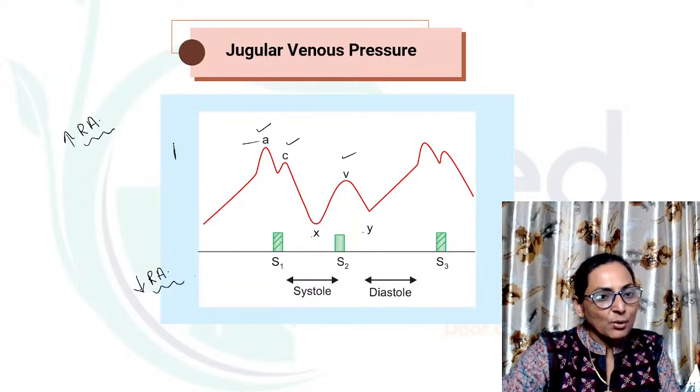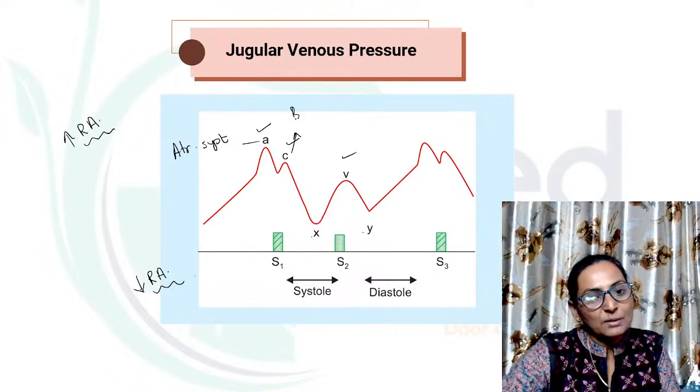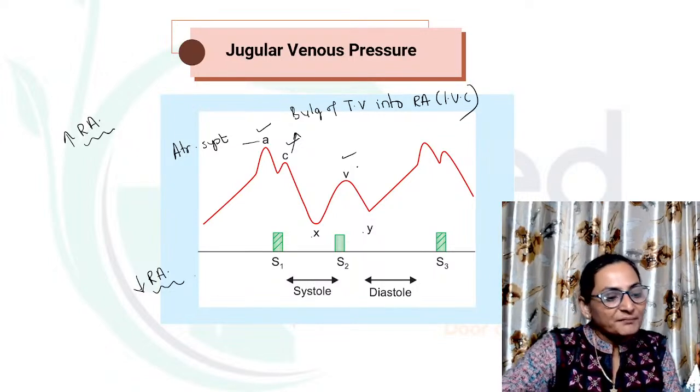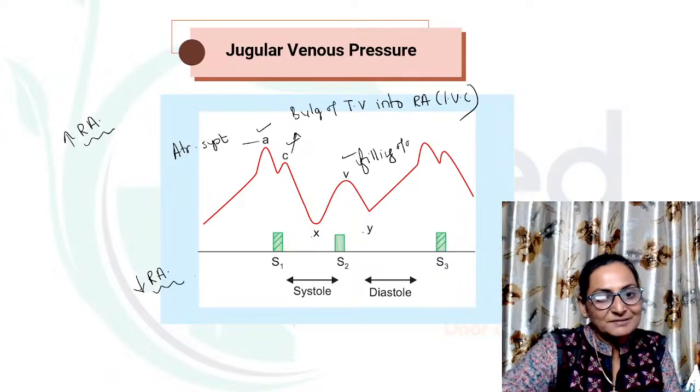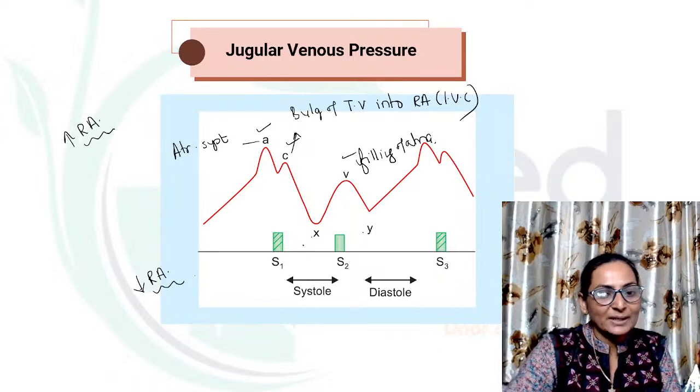A wave is because of the atrial systole. C wave is because of the bulging of the tricuspid valve into the right atrium, which occurs in isovolumetric contraction. V wave is because of the filling of the atria. When they are in diastole, when there is filling of atria, the pressure will rise.